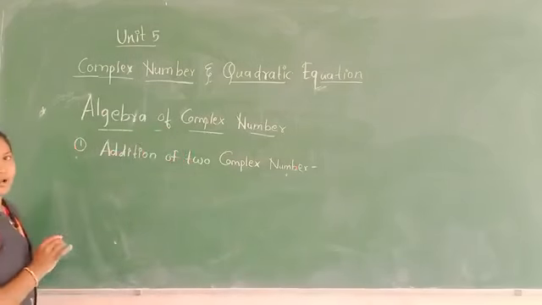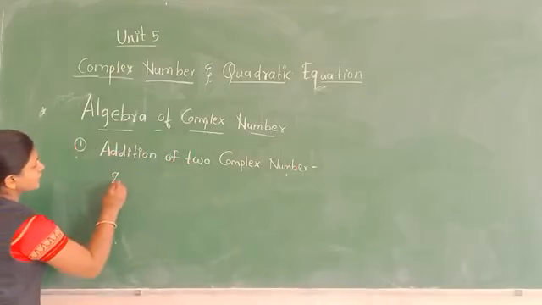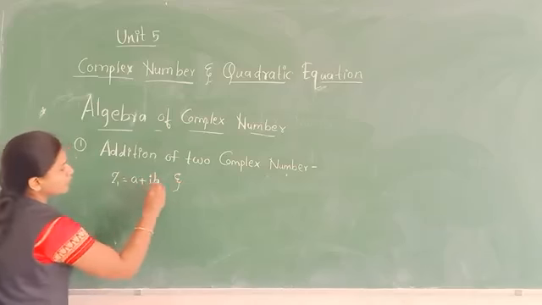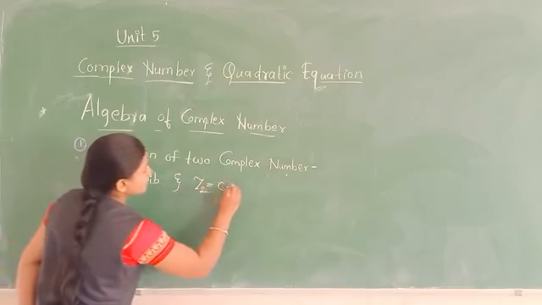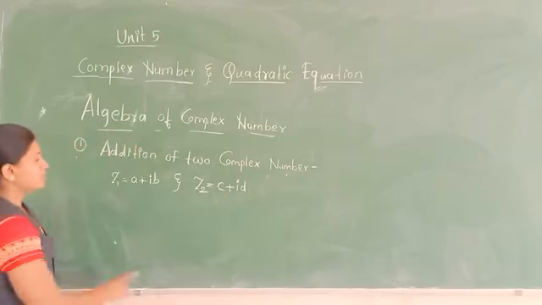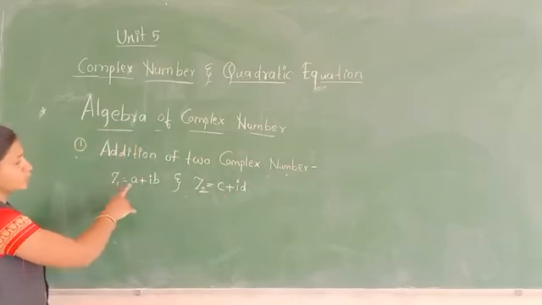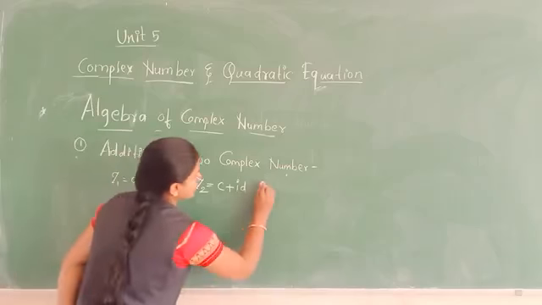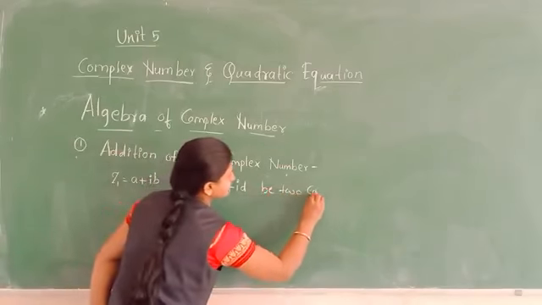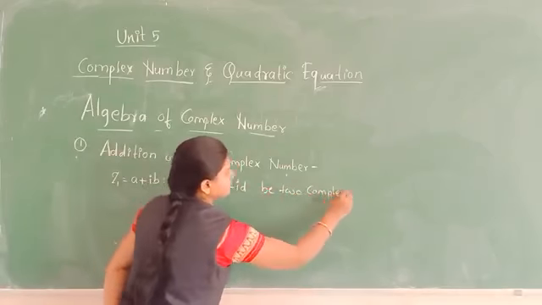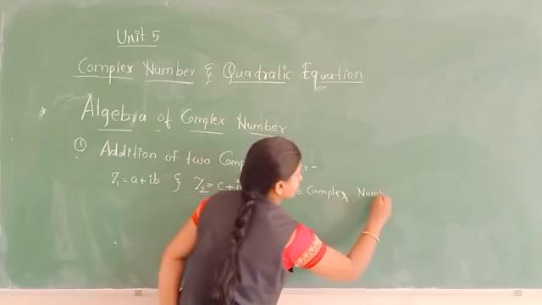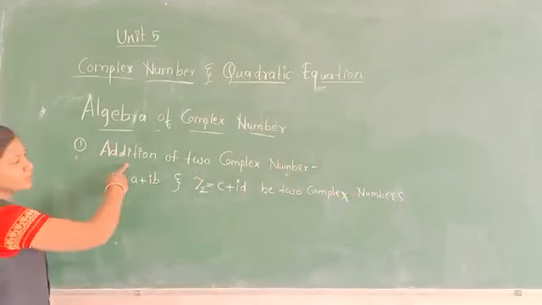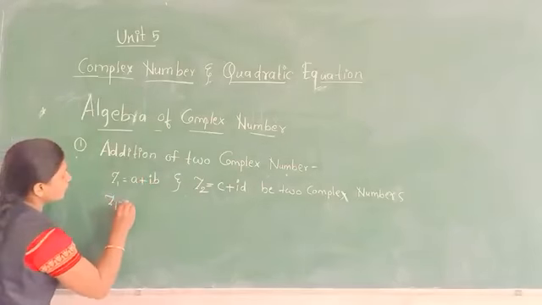So here we consider two complex numbers, z1 is equal to a plus ib and z2 is equal to c plus id. Then the addition of two complex numbers is z1 plus z2.